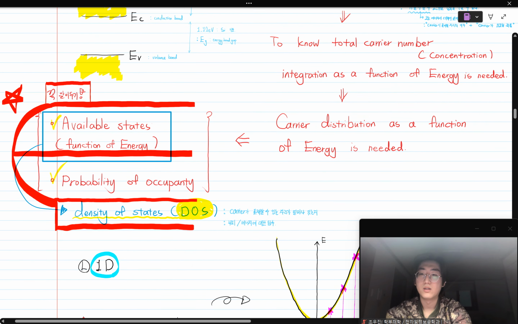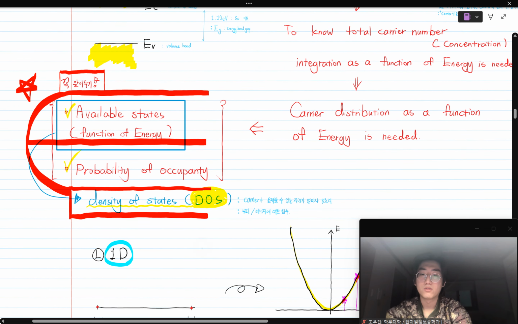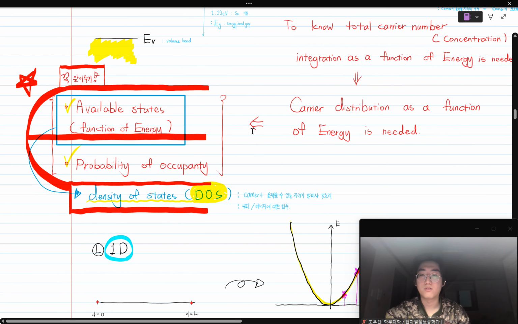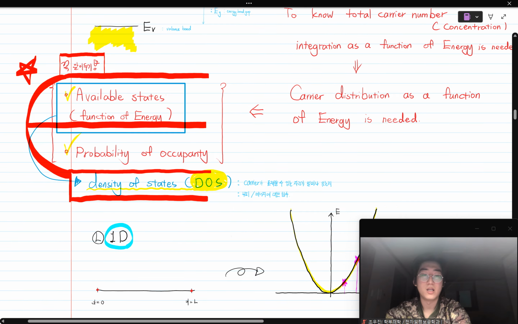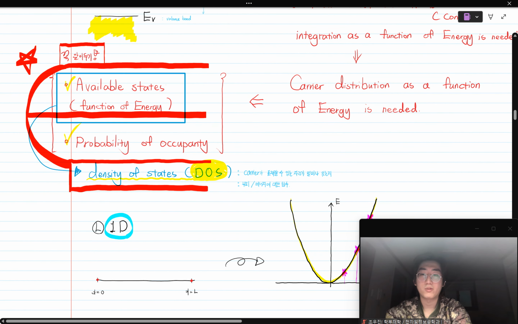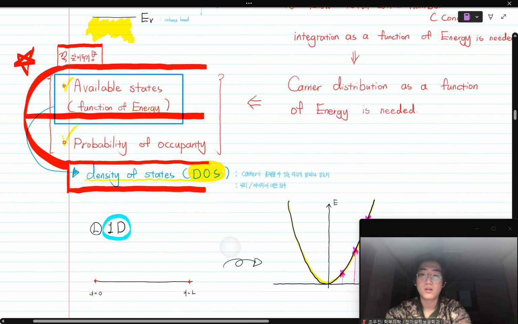Understand? So these two things are what we need to get the total carrier number concentration. The first thing is available states as a function of energy. And the next thing is the probability of occupancy.